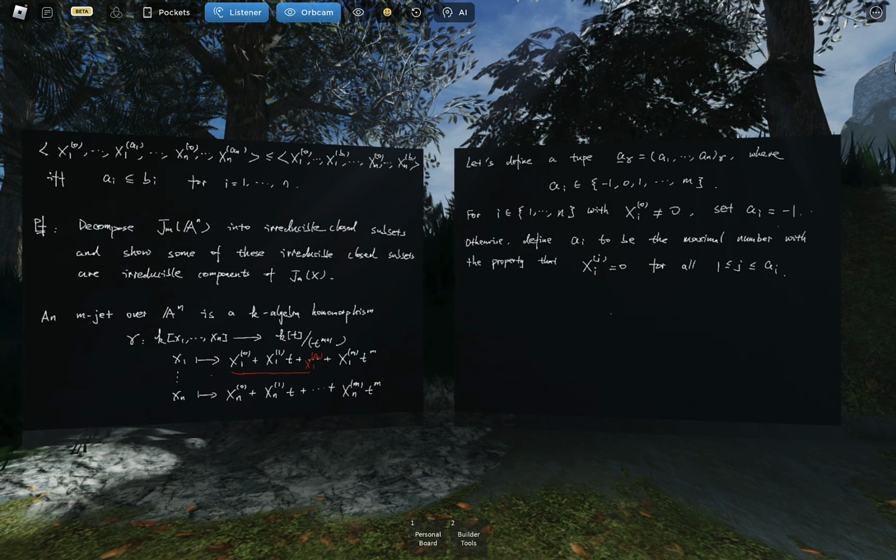And we take the maximum one, which means the next term, x1, a1 plus 1, will be non-zero. Does this make sense? So for each i, we can get a number ai.